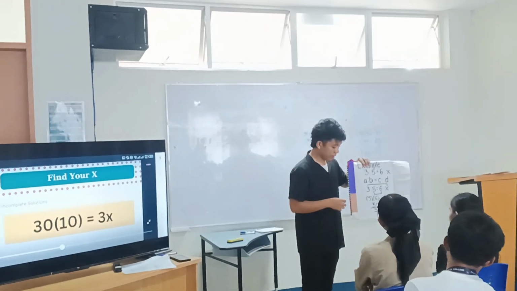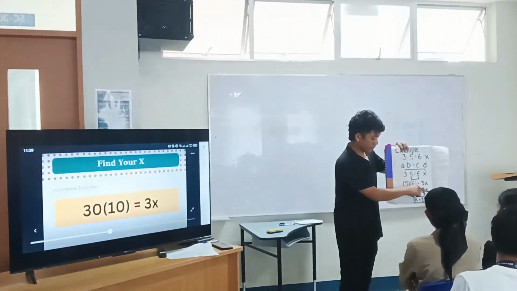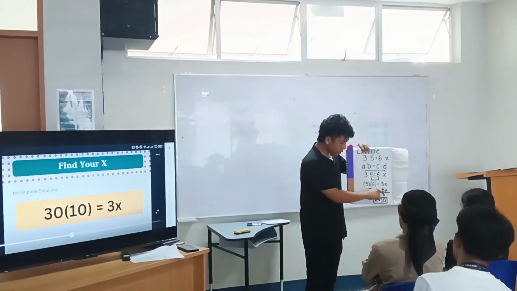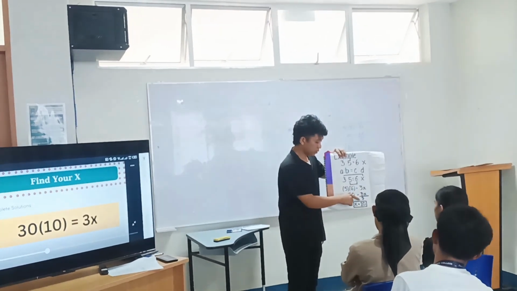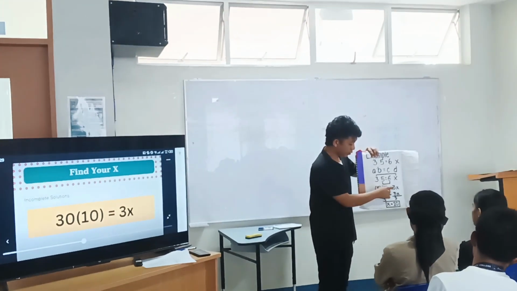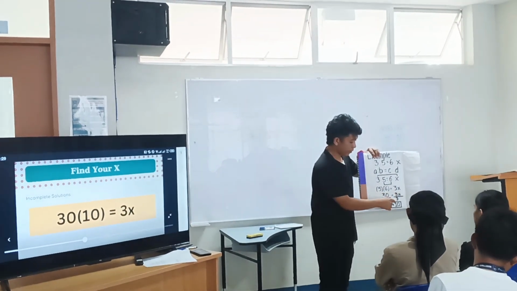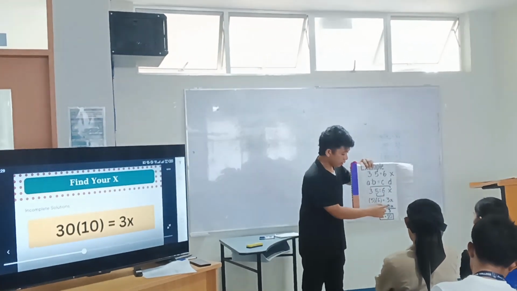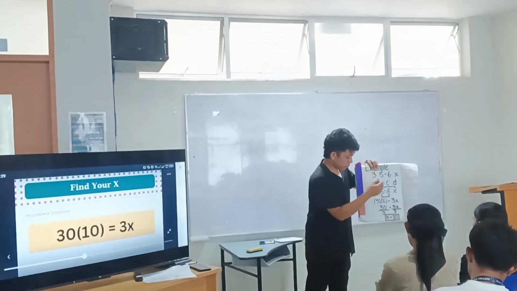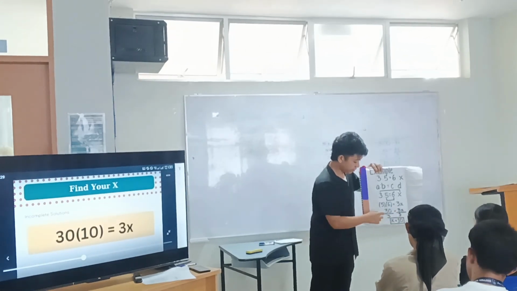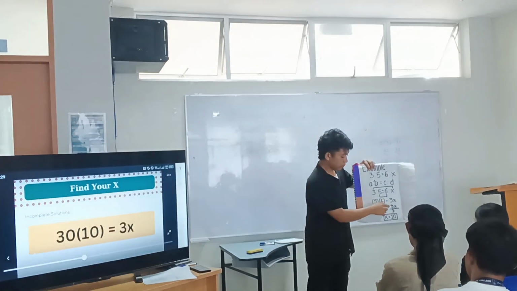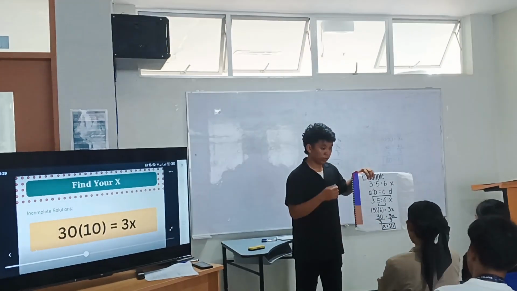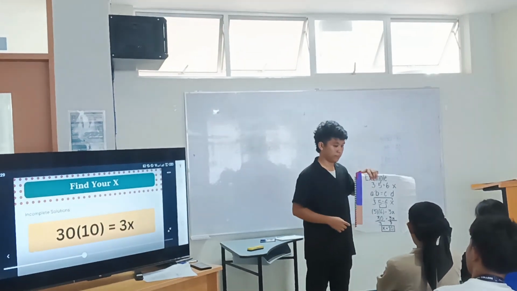Next step: in finding the value of x, we need to remove this 3 here to isolate the value of x. So we need to remove the 3 by dividing both sides by 3. So 3 divided by 3 is, what's the answer of 3 divided by 3? 1.